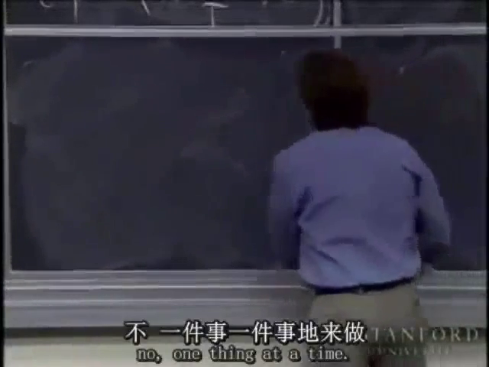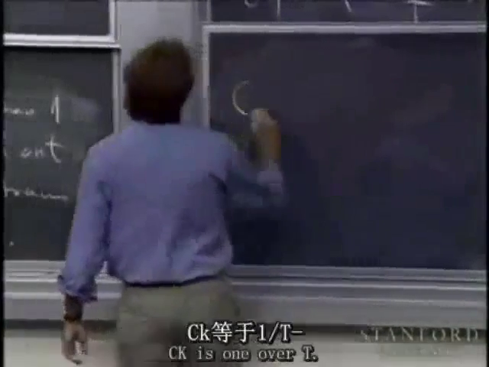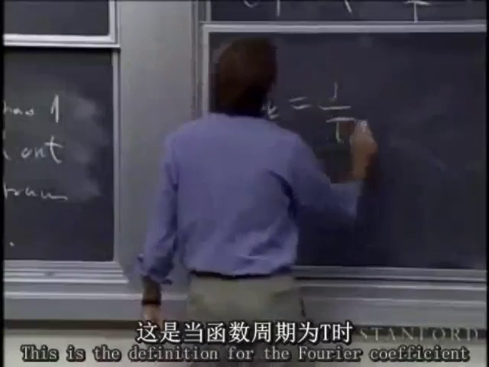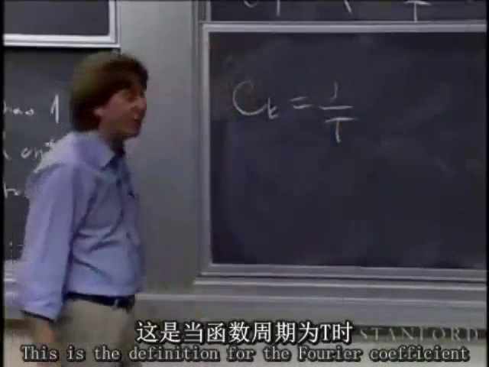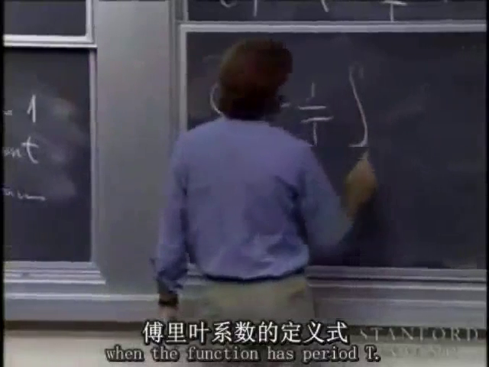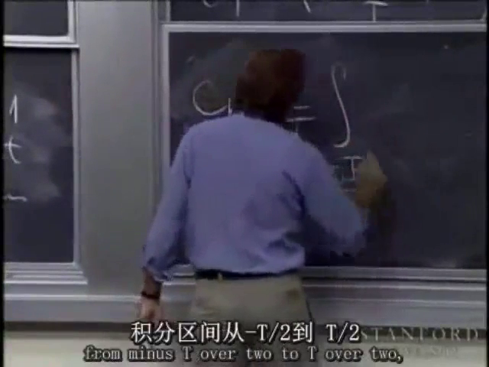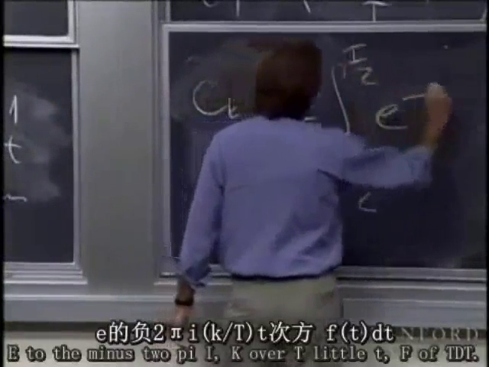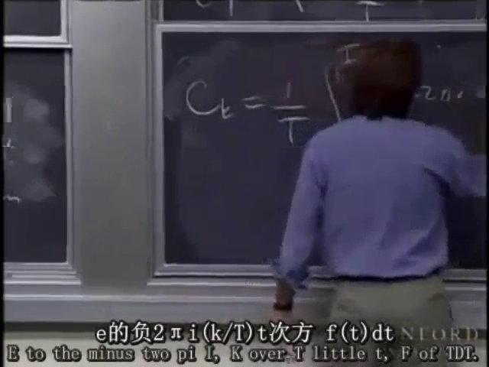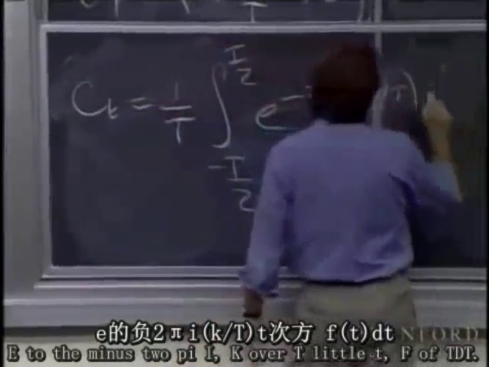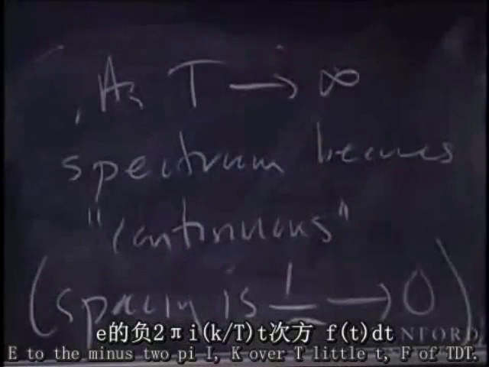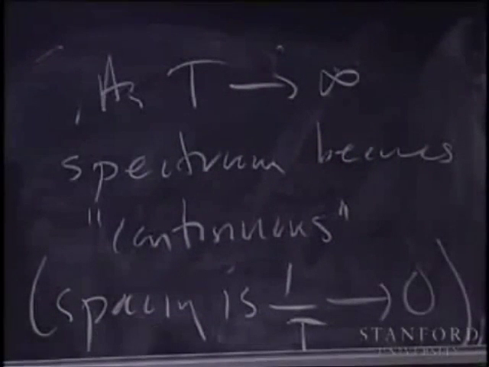One thing at a time. So once again, let me write down the formula for the coefficient. c_k is 1 over T. This is the definition for the Fourier coefficient when the function has period T. So I'm going to integrate from minus T over 2 to T over 2 of e to the minus 2 pi i k t over T, f of t, dt. Okay?